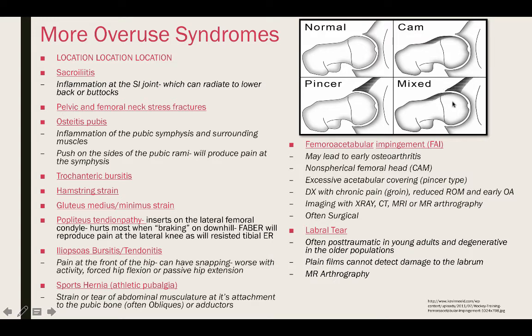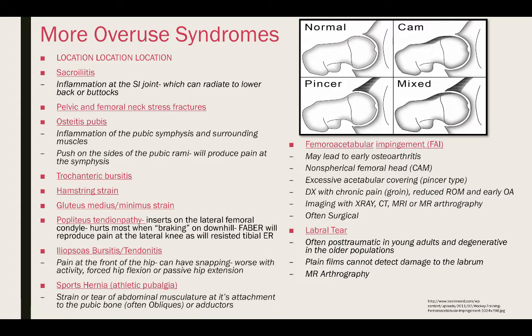And these are reasons why you want to do that hip scour test and why you want to check the hip impingement test, to see if people have these sorts of issues. And for these, you can get X-ray, CT, MRI, or MR arthrography. Labral tears, you really need to get arthrography.